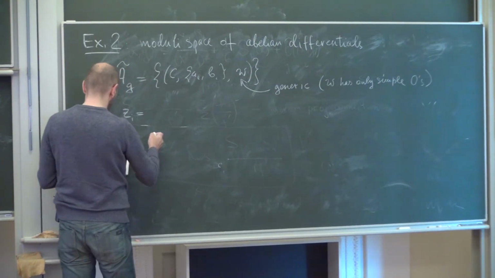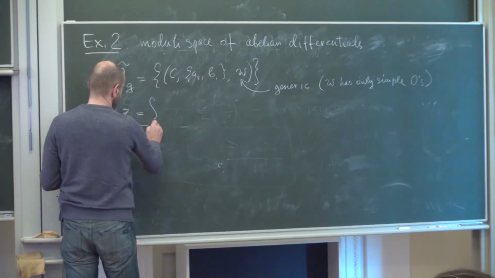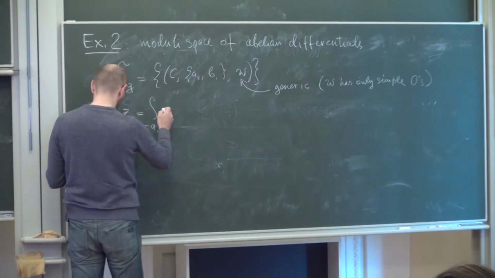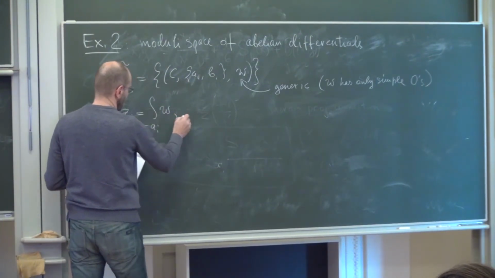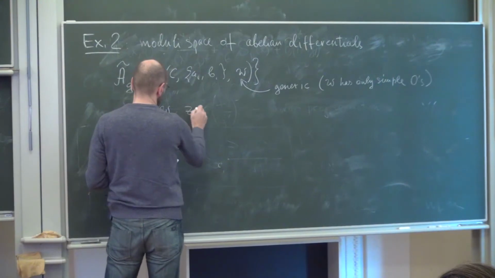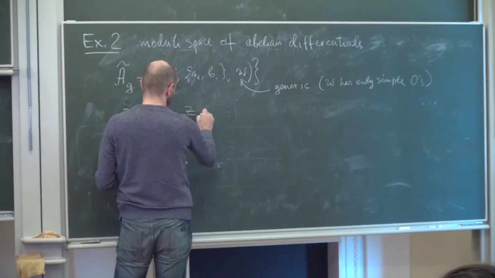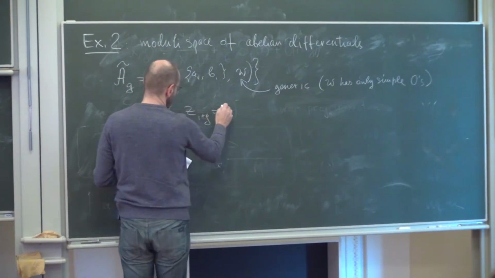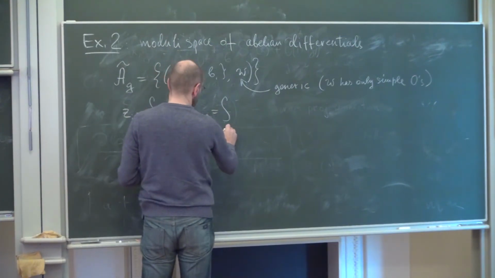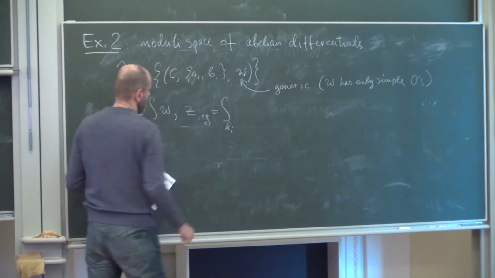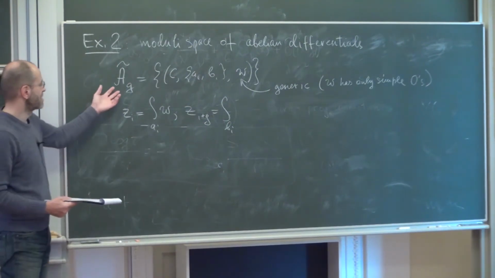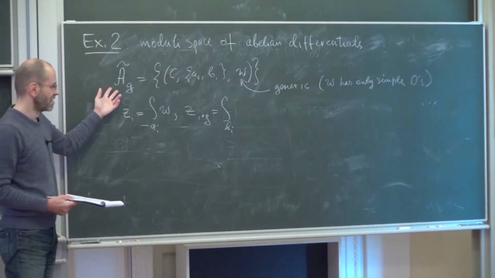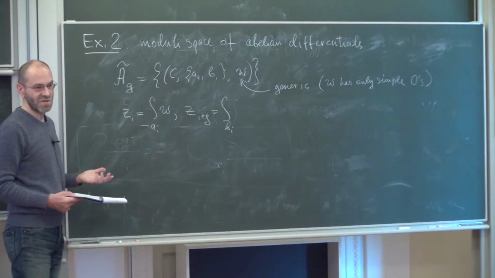So the first g coordinates are a periods. The second g coordinates are b periods. So we have 2g coordinates, and the dimension of this space is 4g minus 3. So we need 2g minus 3 coordinates more.